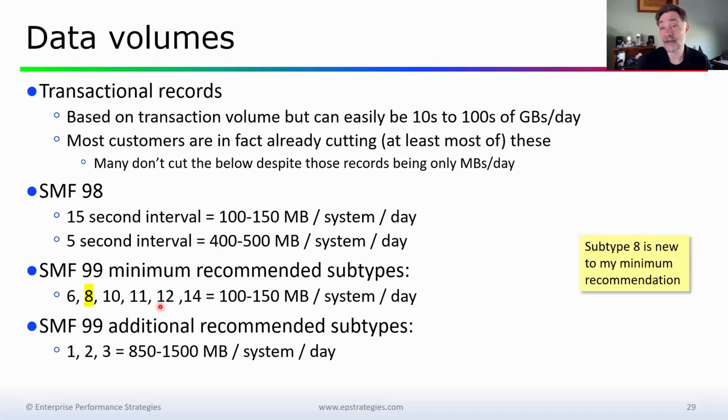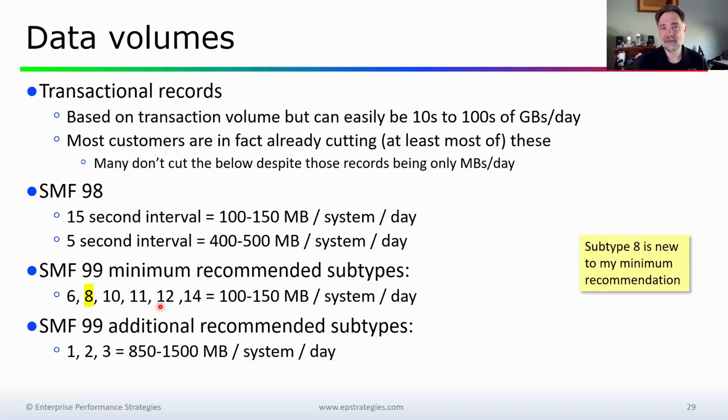So what are we talking about in terms of data volumes? The transactional records are really based on the transaction volume, but can be easily tens to hundreds of gigabytes of data per day. However, most customers are already cutting most of those transactional records today, and yet many customers don't cut the 98s and 99s, despite those records only being megabytes instead of gigabytes.